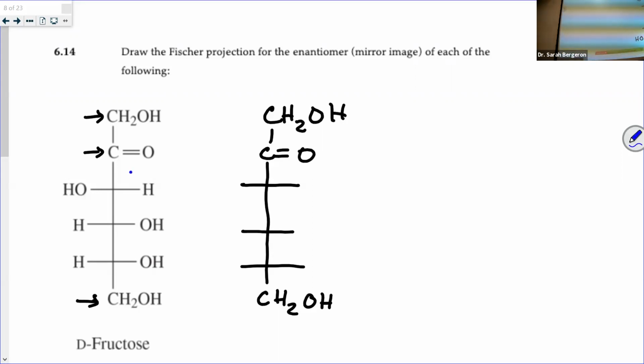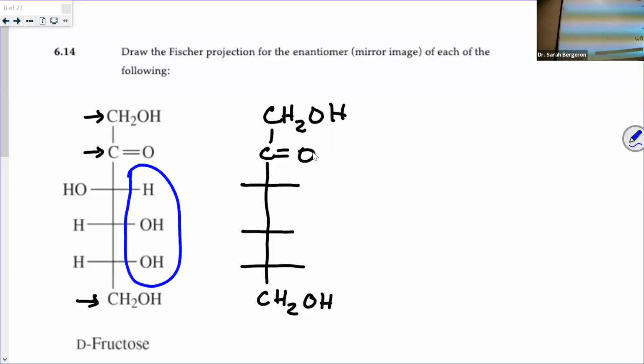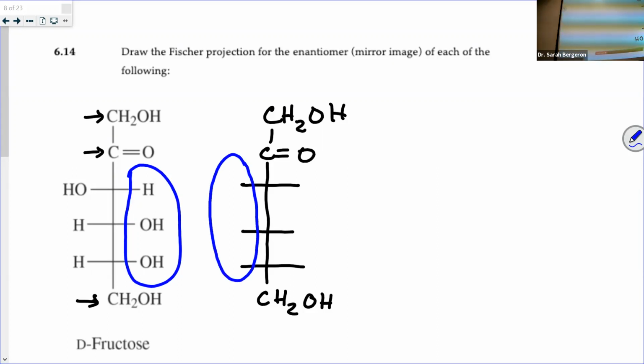So the trick is that anything that's here on the right-hand side is going to be now on the left-hand side. So it's like you put a mirror between the two molecules. You put a mirror right here. Okay? Let me erase that because I don't want to get too confused. So then anything that was on the left is going to be where?